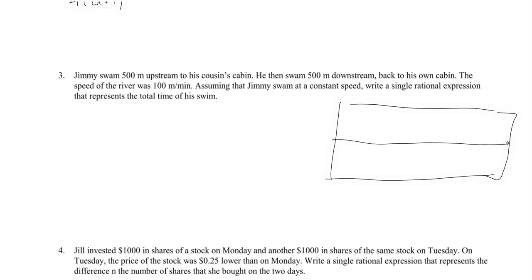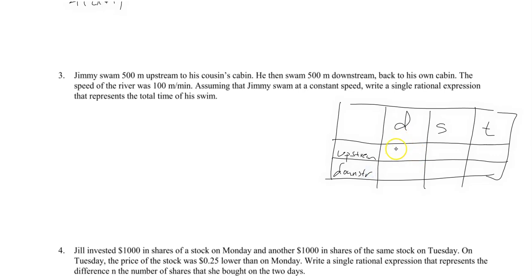Assuming that Jimmy swam at a constant speed, okay, let's make a little table. So this is distance, this is speed, this is time. This is upstream, downstream.